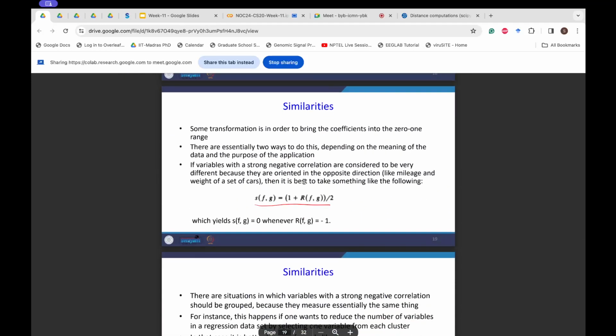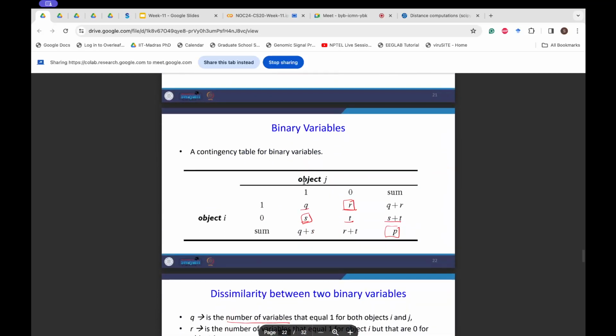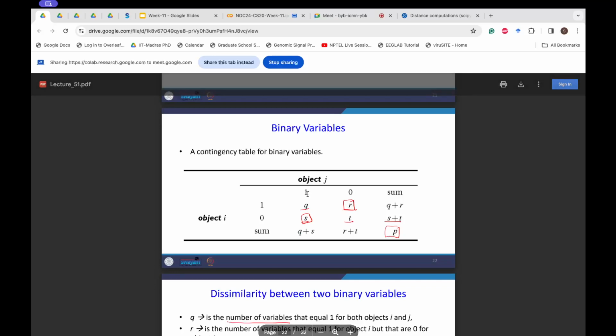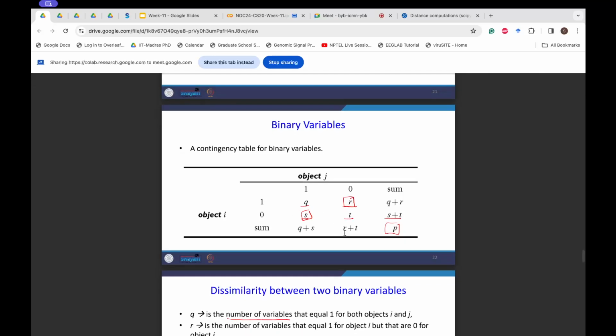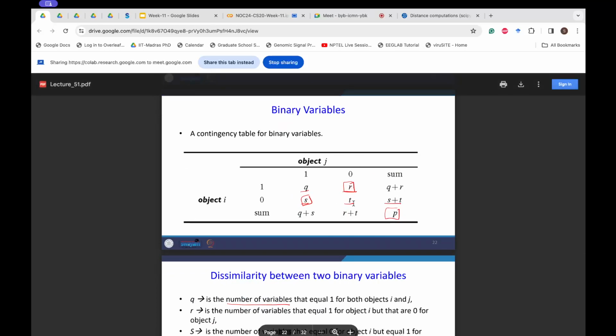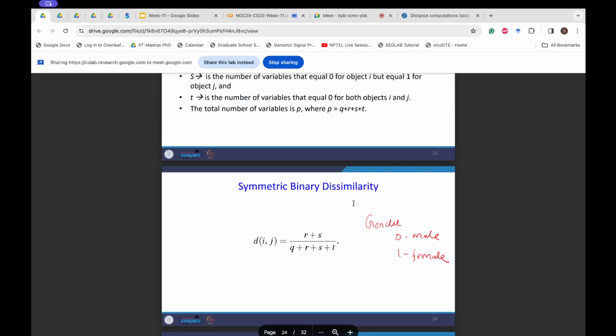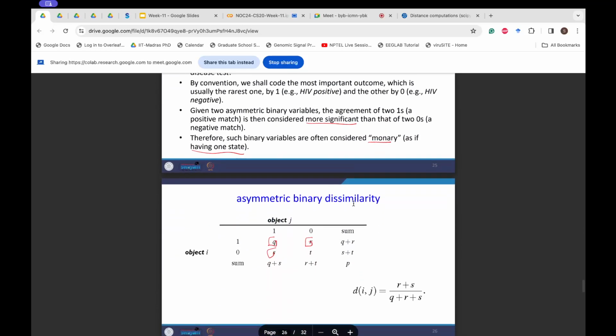Okay, so these are some points. I won't go into the details of everything. In the case of binary variables, like gender, for example, it can have two values, 1 or 0, and then you find out, between a pair of students, how many such variables are having 1 and 1, 1 and 0, 0 and 1, and 0 and 0, and so on. Based on that, you can compute certain similarity measures. So these are all the similarity measures that are defined.